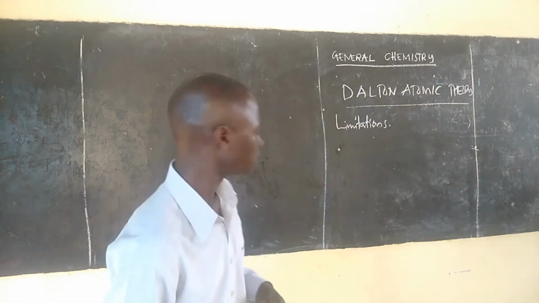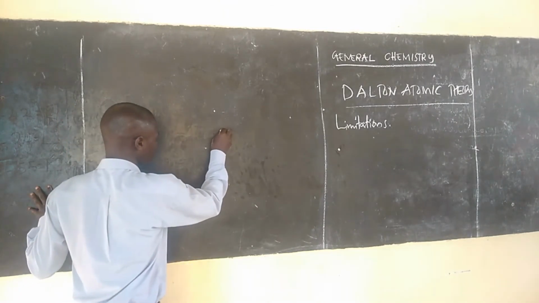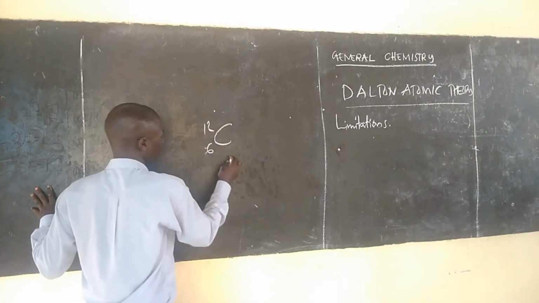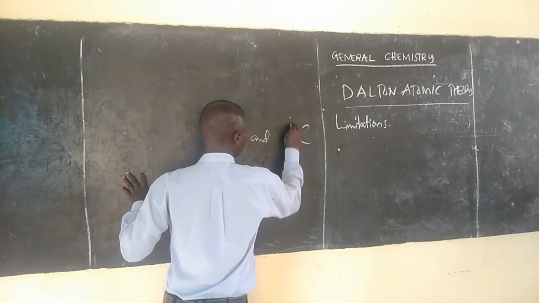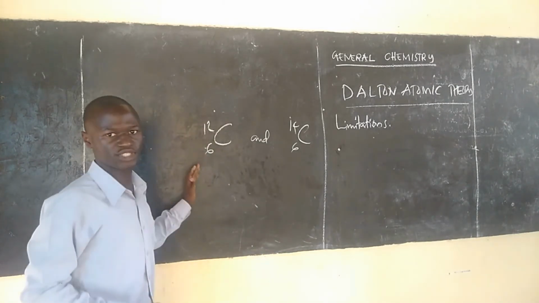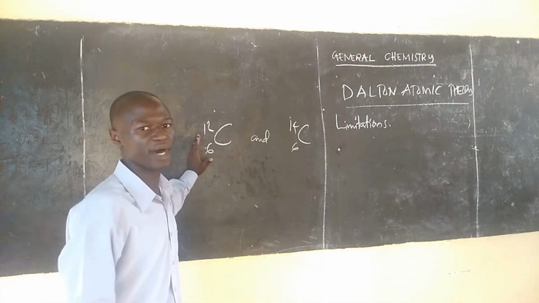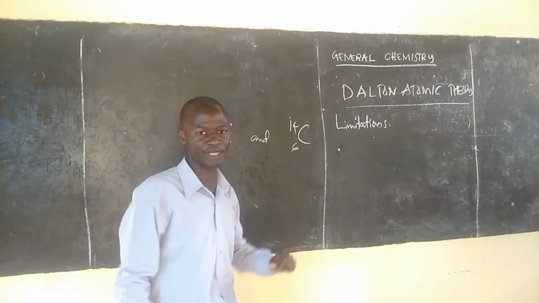For example, we have isotopes of carbon. We have carbon 12, which is carbon 6, 12, and then we have carbon 14, which is carbon 6, 14. These two are called isotopes. That means huyu hapa ana atomic number 6 mass number 12, atomic number 6 mass number 14.